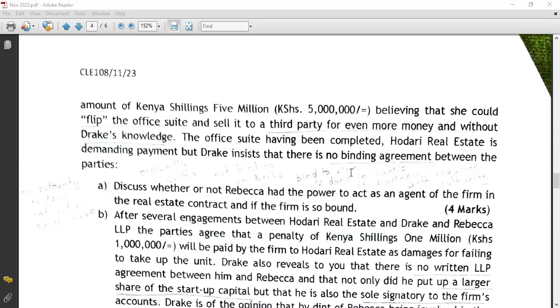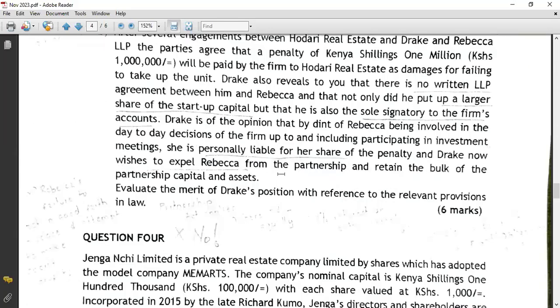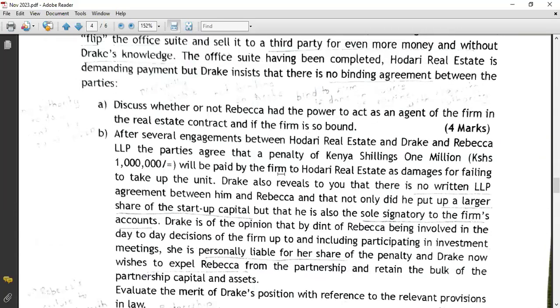So all these scenarios have been brought. Then after saying that, you say that the partnership is not bound and that people can pursue Rebecca in her individual capacity, and you get your 4 marks, as you have said.